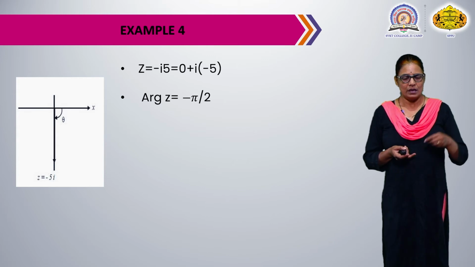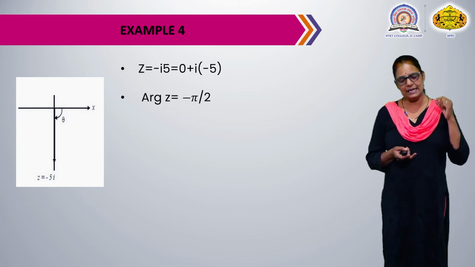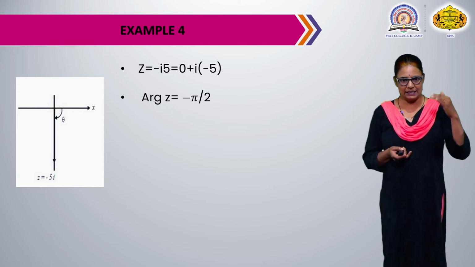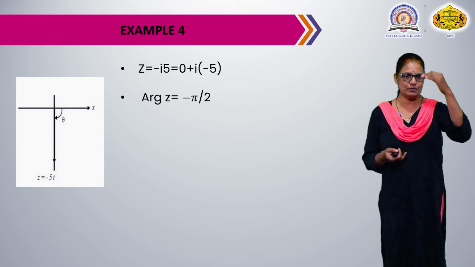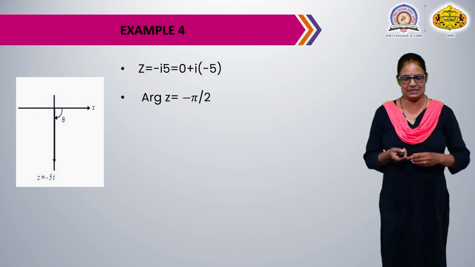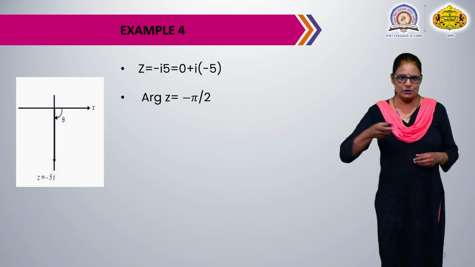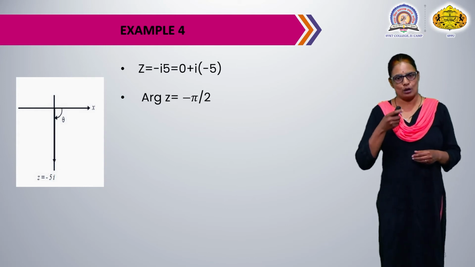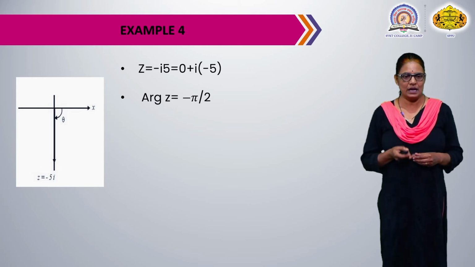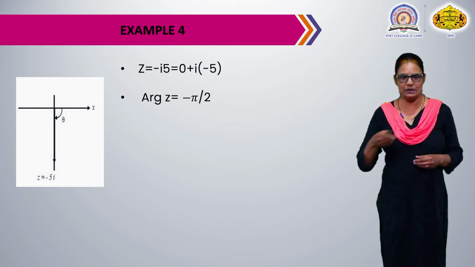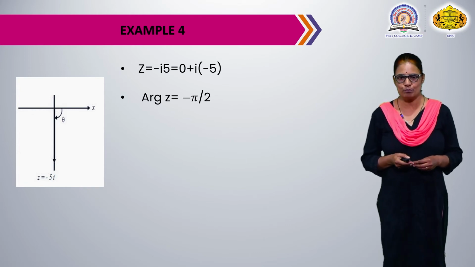Here the argument is the angle between the radius vector and the positive real axis. If you measure the angle in the clockwise direction, then you treat this angle as negative, and opposite to that, if you count in the counterclockwise direction, we consider it as positive.